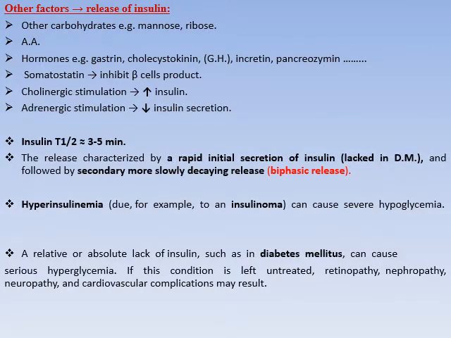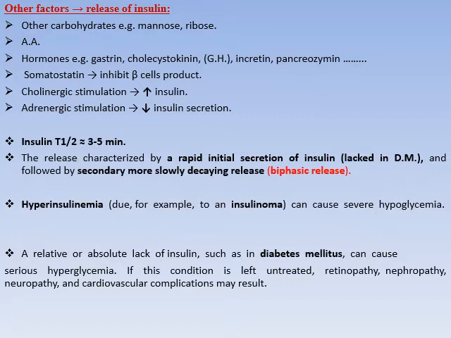Many factors affect the release of insulin: glucose, mannose, ribose, amino acids, certain hormones like gastrin, cholecystokinin, incretin, while somatostatin, glucagon and adrenergic stimulation reduce and inhibit the insulin secretion. The half-life of insulin is about 3 to 5 minutes.